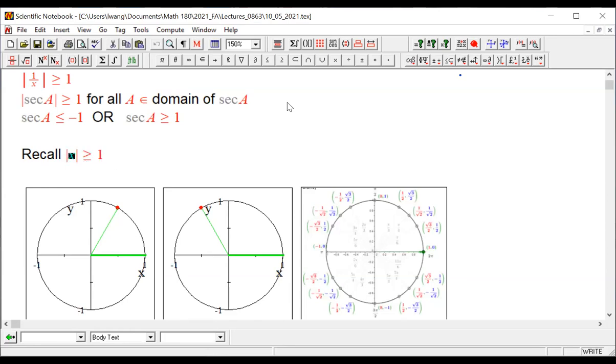We don't use x, or we can use x, but this x is different from the x above, so I'm going to use heart. What does that mean? The heart is less than or equal to -1, or, truth table kicks in, greater than or equal to 1.